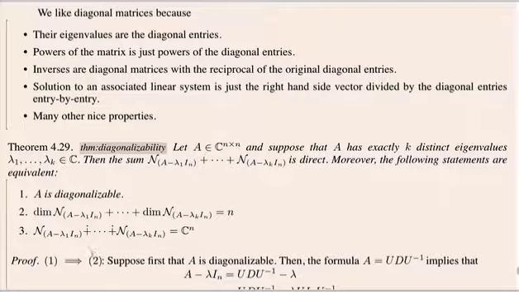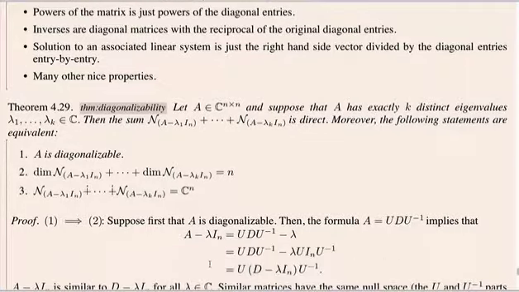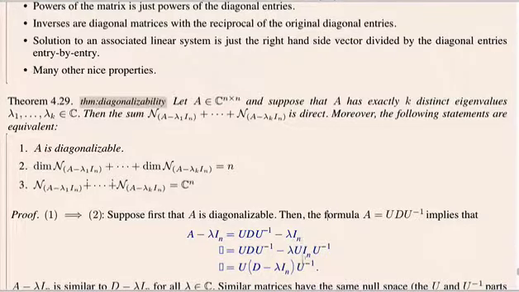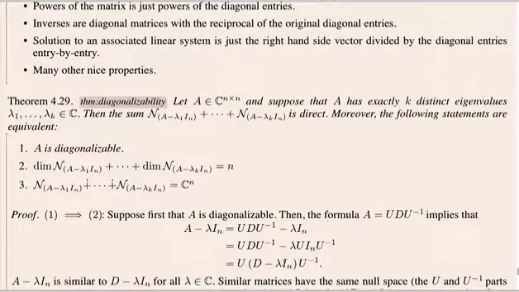So to prove this, first we go from 1 to 2. Suppose that A is diagonalizable. Then from the formula A equals U D U inverse, we have that A minus lambda I_n equals U D U inverse minus lambda I_n. And then we can write this I as U I U inverse.